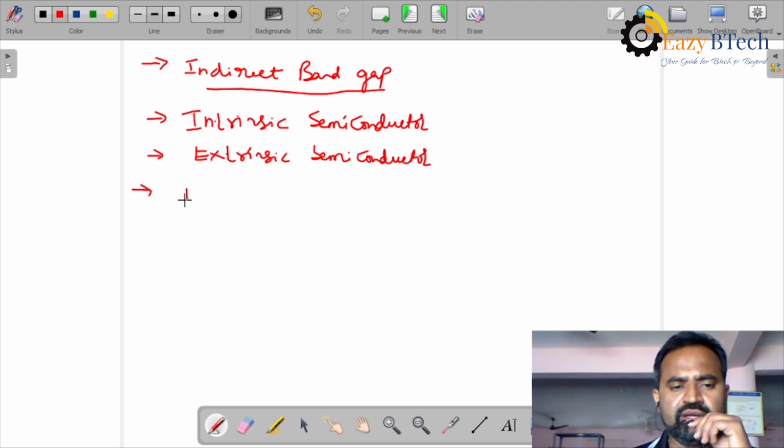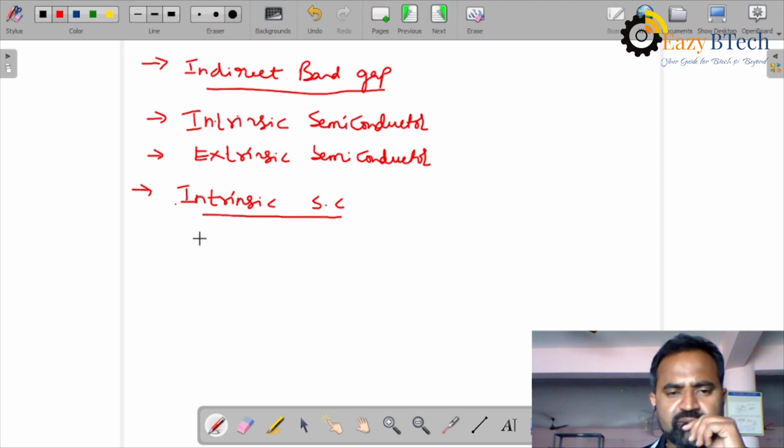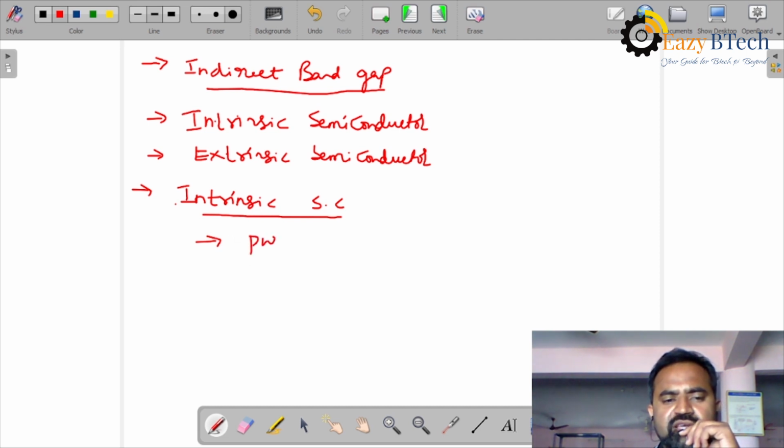Now, if you take an intrinsic semiconductor, we can call these a pure form of semiconductor. It is a pure semiconductor which belongs to the fourth group elements.